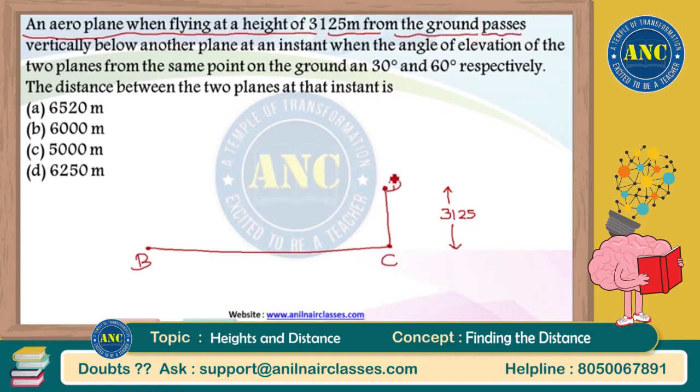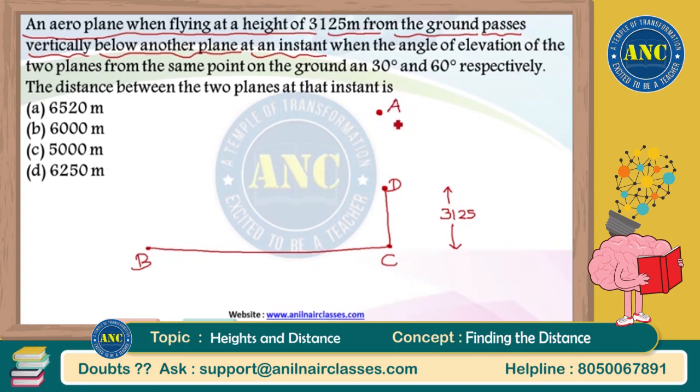This aeroplane D passes vertically below another plane at an instant. That means there is another plane which is exactly vertically above it at some particular instant.